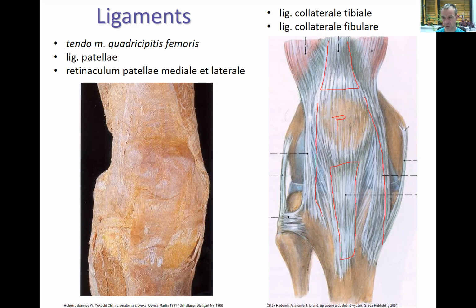Then on the lateral aspect we find the tibial collateral and fibular collateral ligaments. The tibial is grown together with the medial meniscus. The fibular is at a distance from the lateral meniscus. There can be a bursa in between.